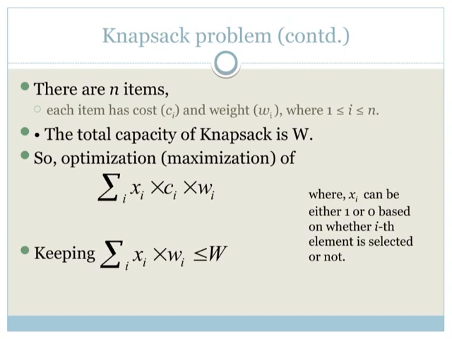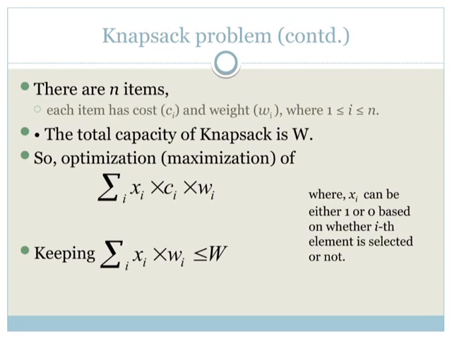And here we cannot exceed the total weight of the bag. So if the total capacity of the bag is capital W, then the sum of Xi multiplied by Wi cannot exceed W, so this total value will be less than or equal to W. So this is the optimization problem that you can easily solve using the binary encoding technique.